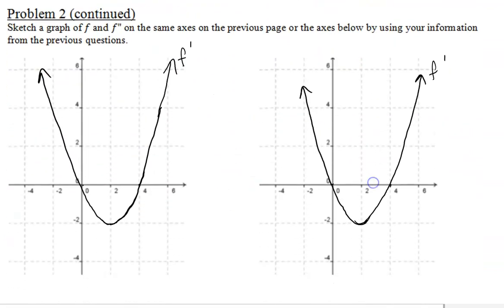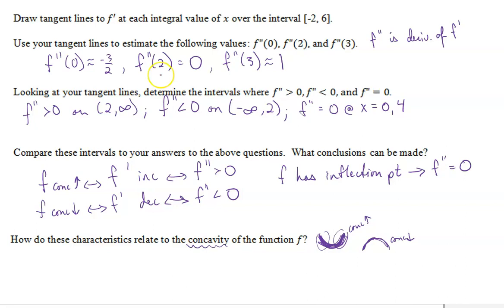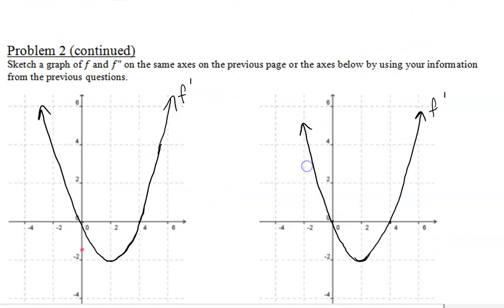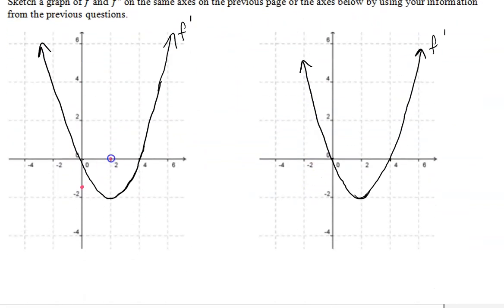So 0, -3/2, and 2, 0, and 3, 1. Okay, and we know that f double prime is negative from -infinity to 2, and then positive from 2 to infinity.